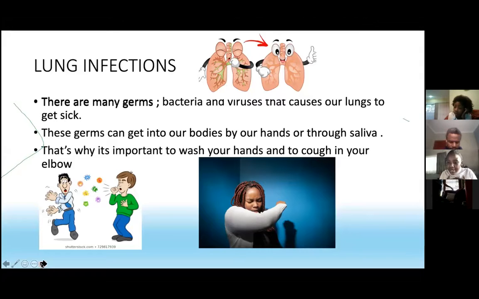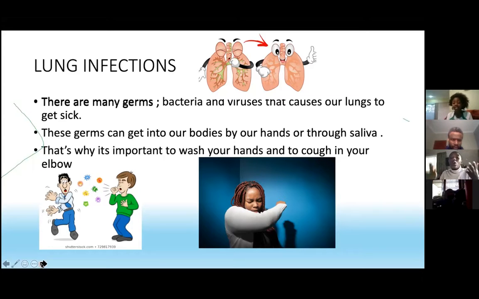But for us, we should just know that germs, which are basically bacteria and viruses, are the things that cause us to get sick and get lung infections. Now, how do we get the germs into our lungs? Our hands is how we get germs into our lungs.